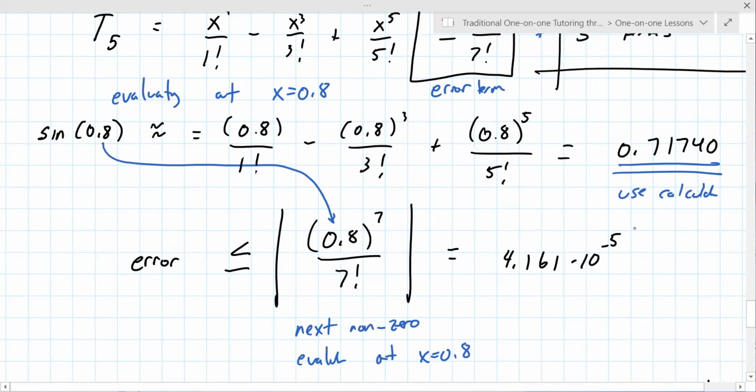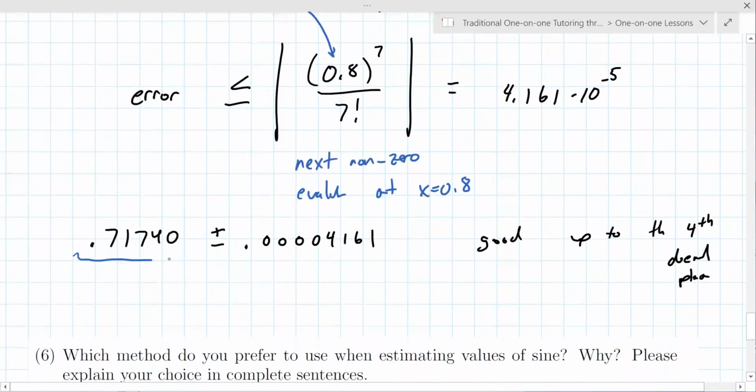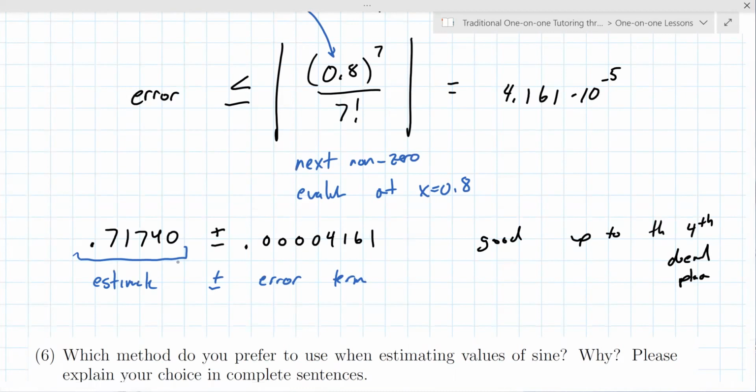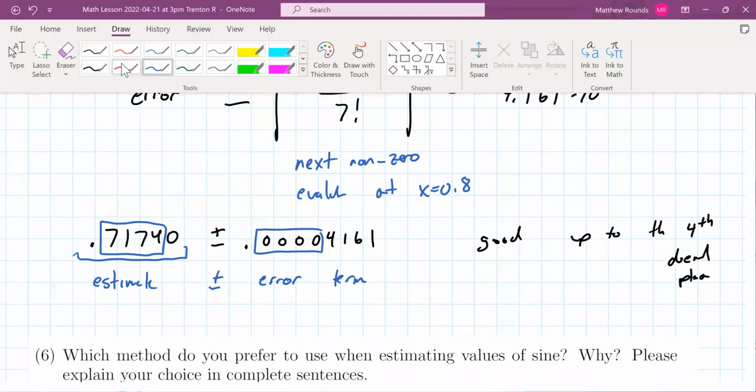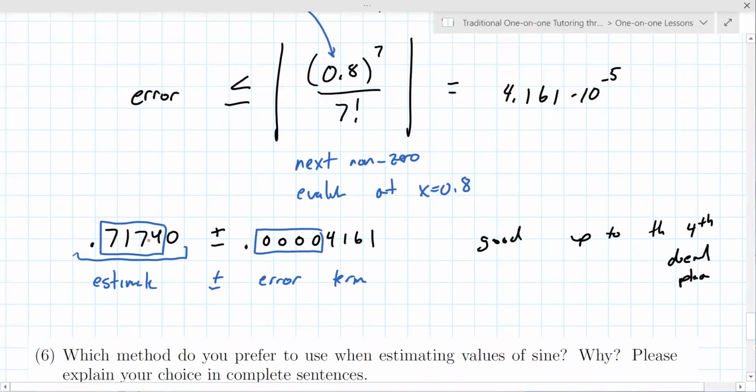And that tells you, this is your estimate plus or minus your error term. Your answer could be this number plus or minus this error term. And because you're not adding to the first 4 digits, your first 4 digits are solid. So let's say this was in kilometers.